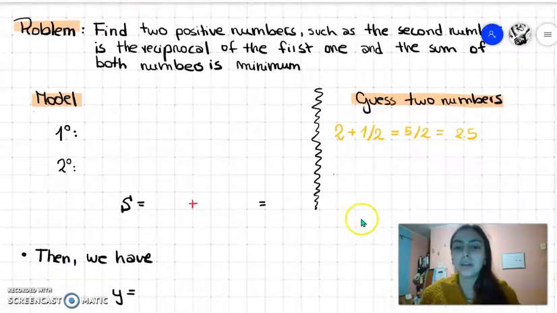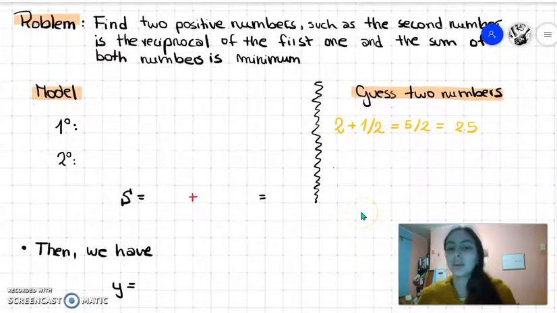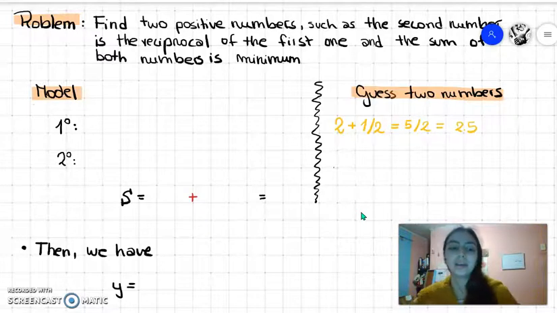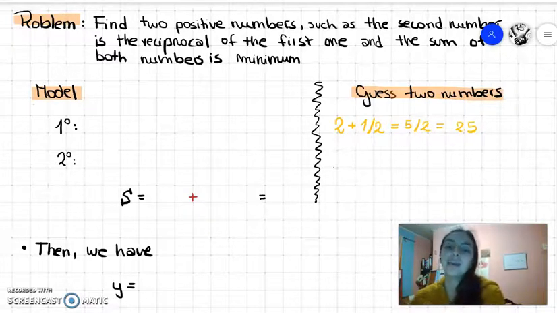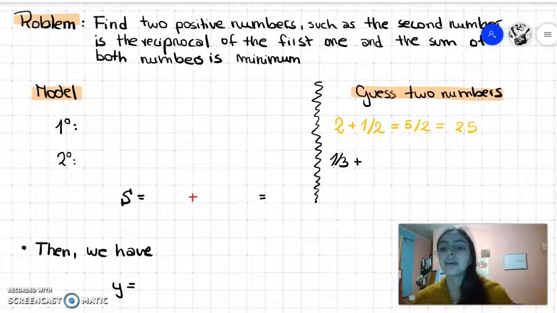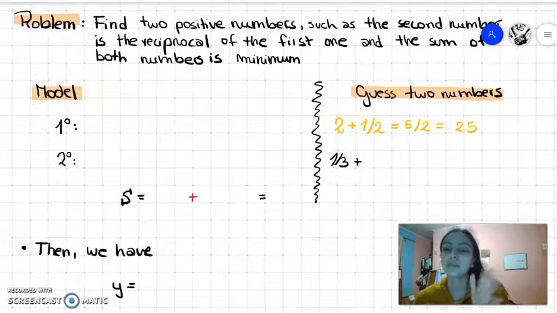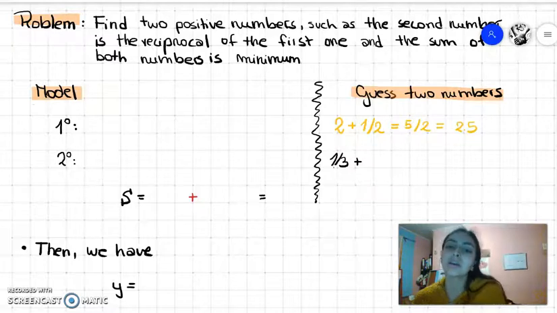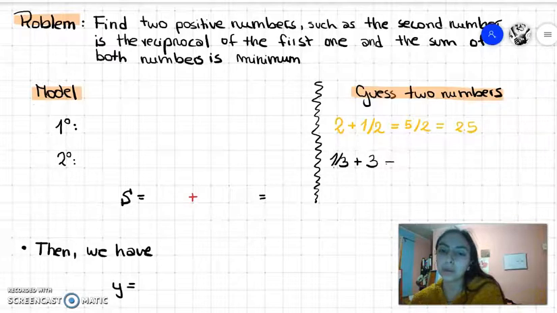we go down a little and we write another couple of numbers, like, I don't know, a third? We can think that if we choose a number between 0 and 1, it's a very small number, but its reciprocal is 3.